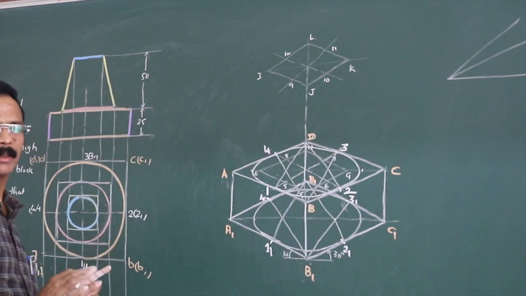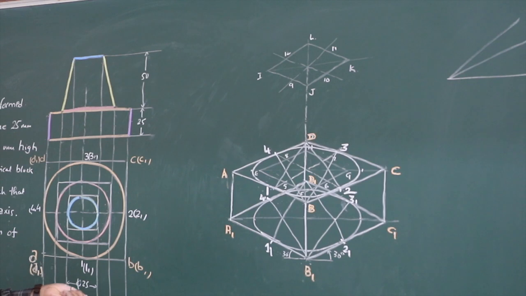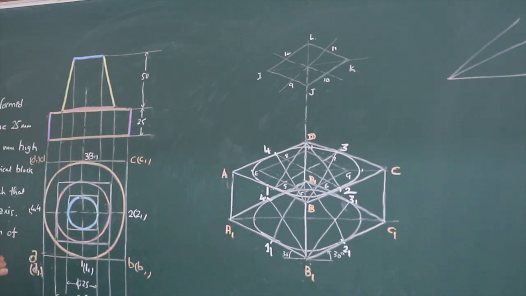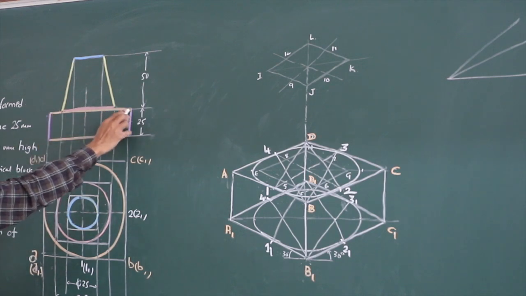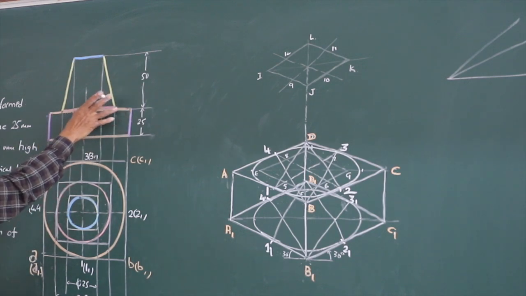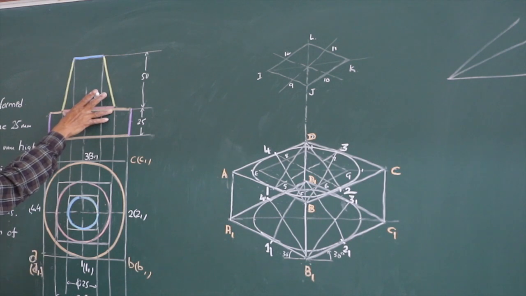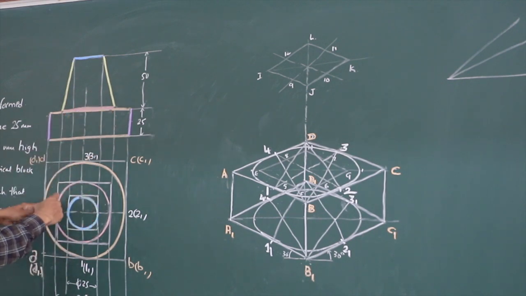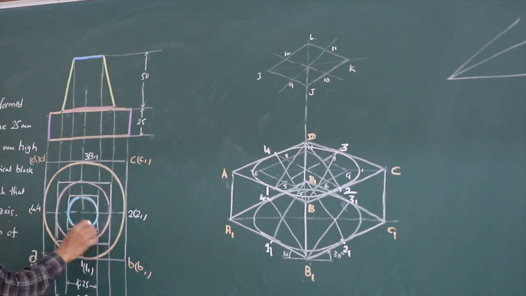Don't draw it dark in the beginning because we don't know what is visible, what is invisible. Now comes the important thing. See, on this top cylinder or top circle, you are having this base of the frustum of the cone, which is nothing but this circle, that is dia 50, right? So enclose this in a box now.